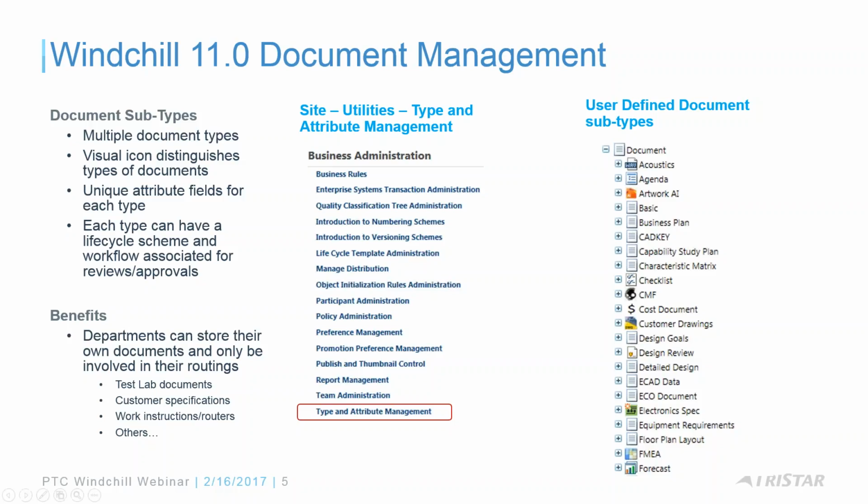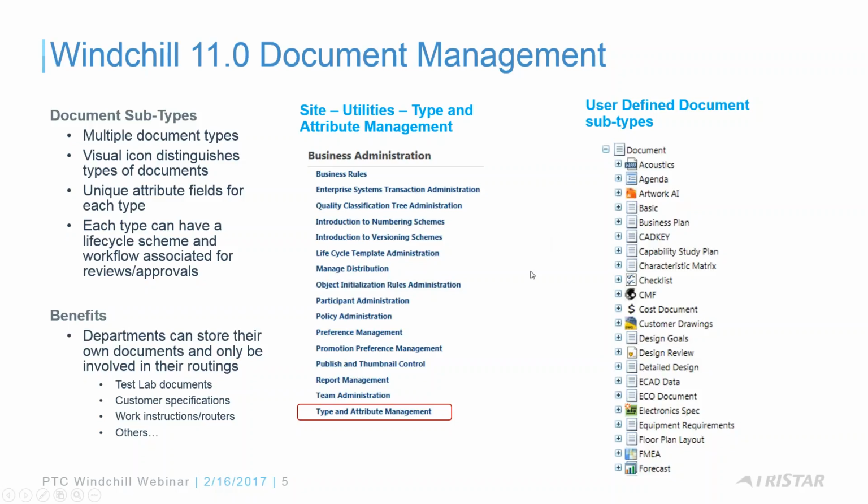So for example, I might have a testing document where, if it needs to be released or completed, it will get routed to only a certain team, compared to another document, maybe some artwork files, that might get routed to another department because they are responsible for those kinds of documents.